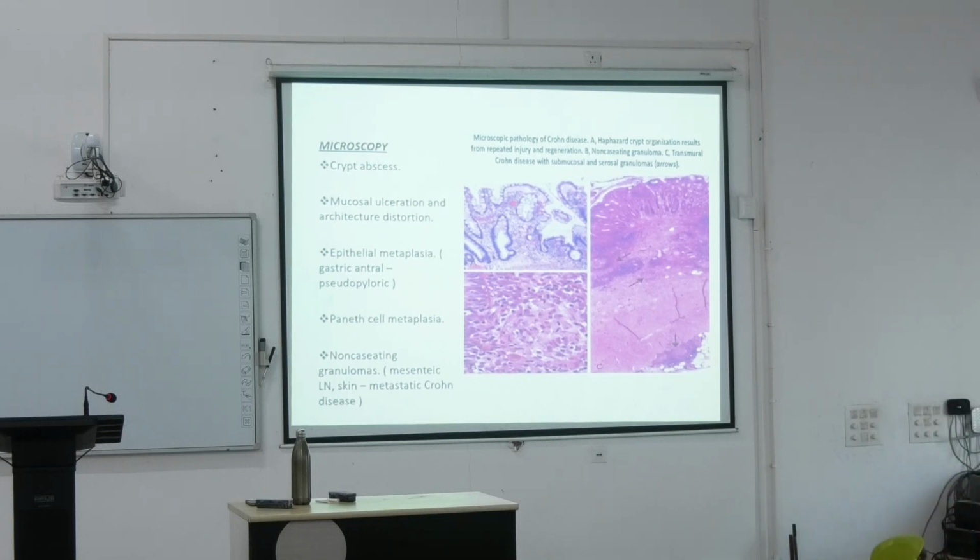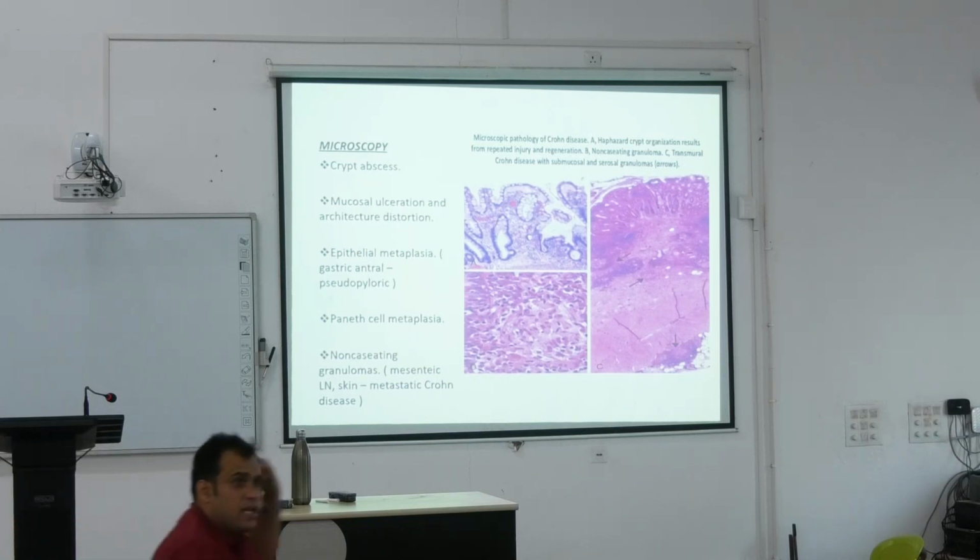I'll show you a beautiful picture of cryptitis and crypt abscess when I talk about ulcerative colitis. So epithelial metaplasia means it takes the form of gastric antral glands. Normally, gastric antral glands are not present in the small intestine, but here the cells undergo gastric antral metaplasia. Number third is Paneth cell metaplasia. Even Paneth cells are not generally found in the small intestine.